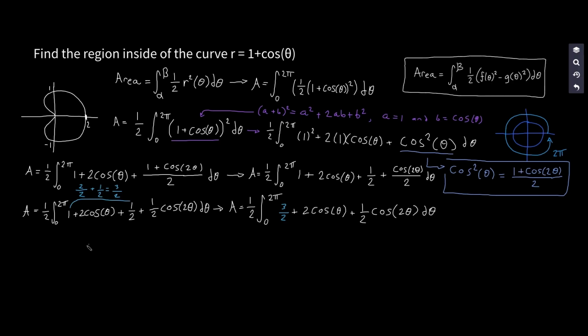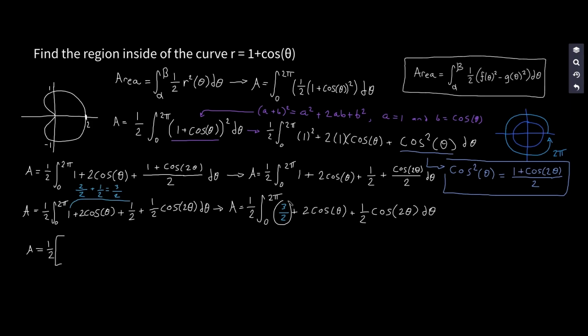That's going to look like this. The area is equal to 1/2, and then let's integrate our terms in these brackets so that this 1/2 gets distributed to each term.